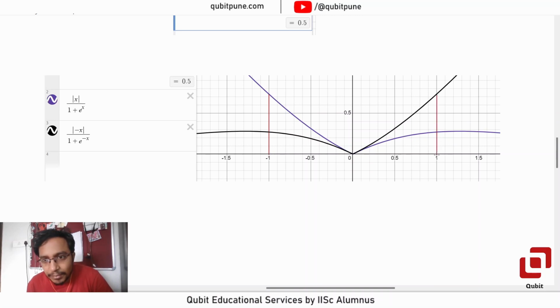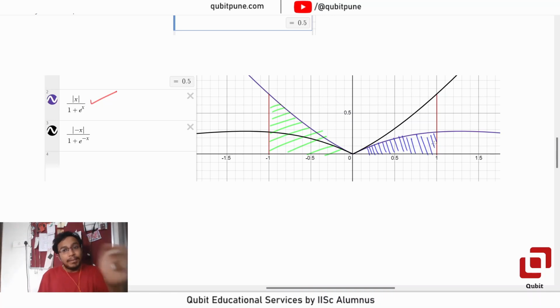So it's basically this area and this area. But because of symmetry, I can say that the whole of the green area is actually equal to the whole of the red area.